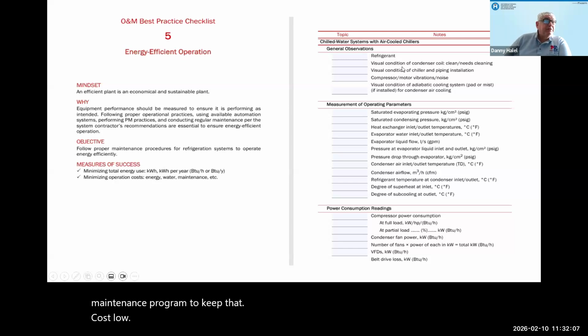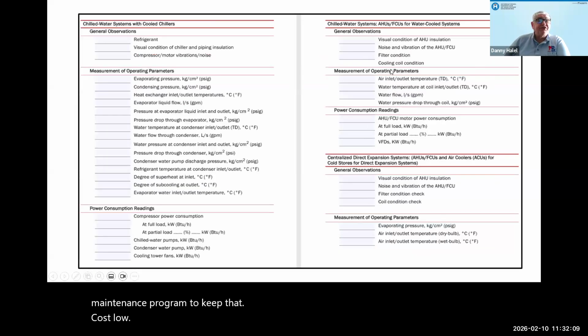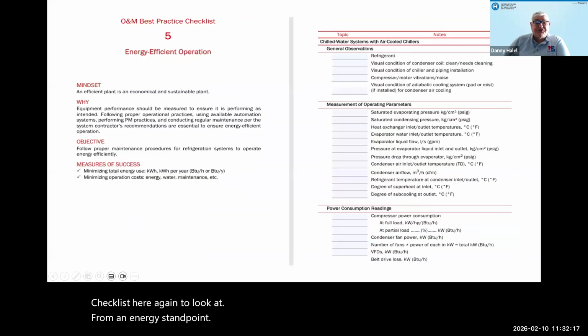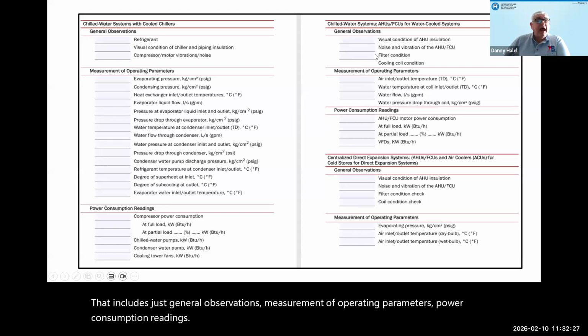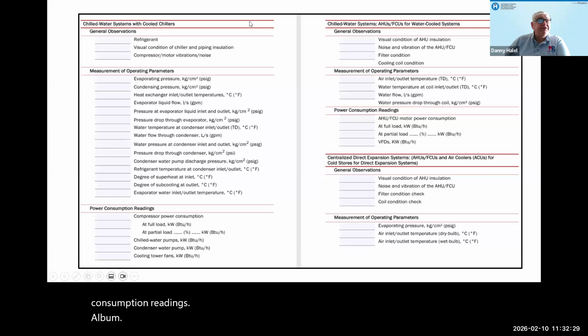There are some checklists here, again, to look at from an energy standpoint. That includes just general observations, measurement of operating parameters, power consumption readings, and these are for all of the different systems that we talked about earlier.